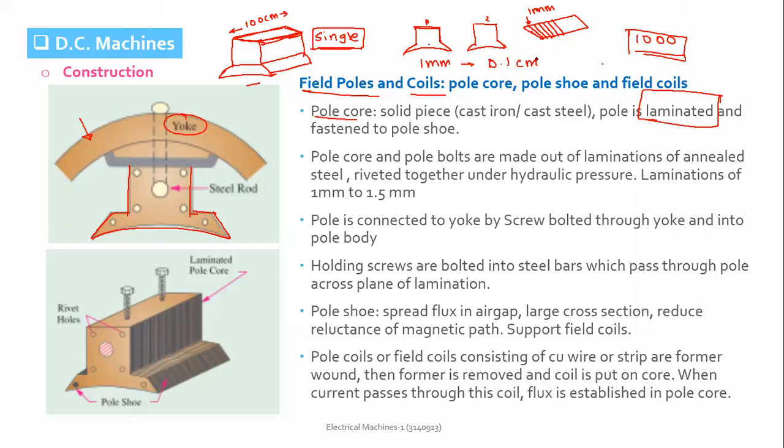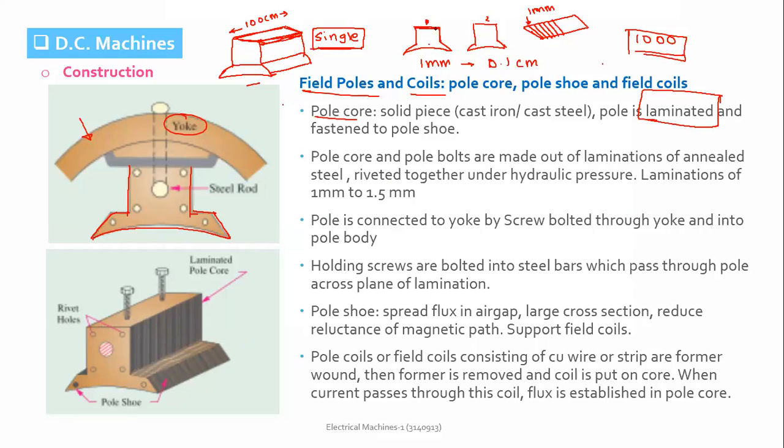Do you understand? So what difference do you see here? It is a simple solid piece here, and instead here, this is made up of small 1 mm pieces joined together and insulated from each other. More importantly, they are insulated from each other.